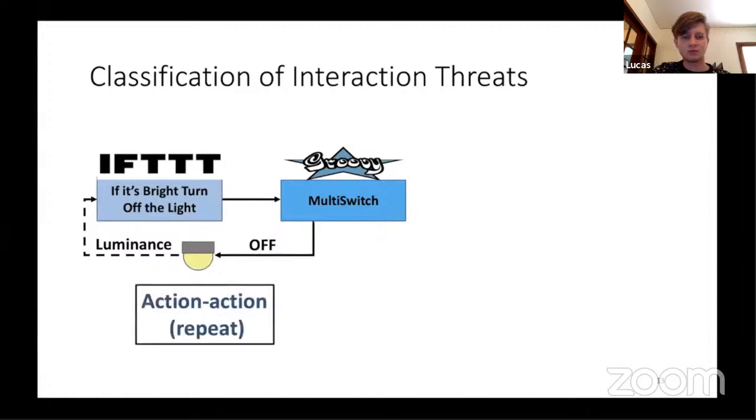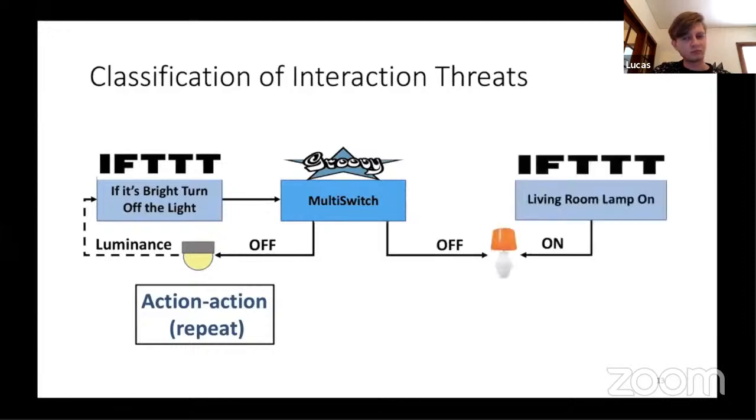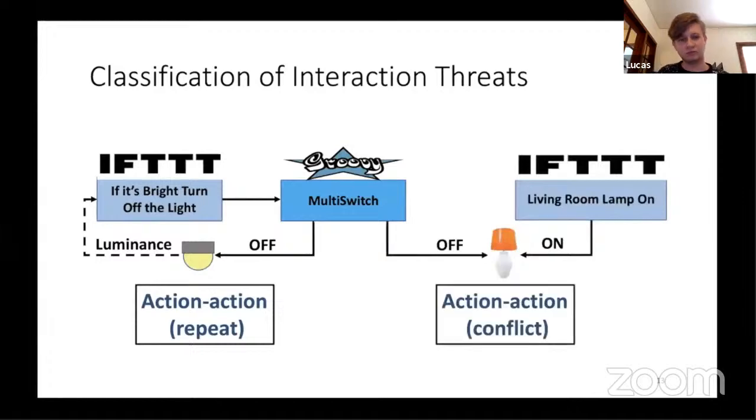The first interaction threat, we call it action-repeat, where the interaction between the IFTTT application and the Groovy application will be sending a switch off command to the overhead light continuously. And the second interaction threat is called action conflict, where conflicting actions will be sent to the lamp.